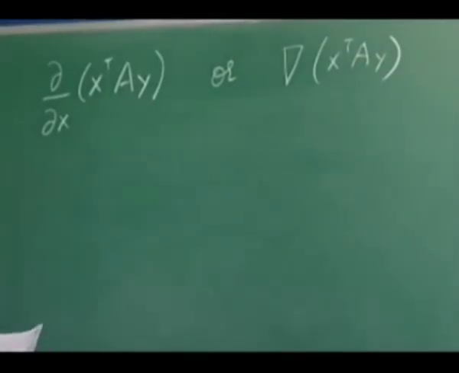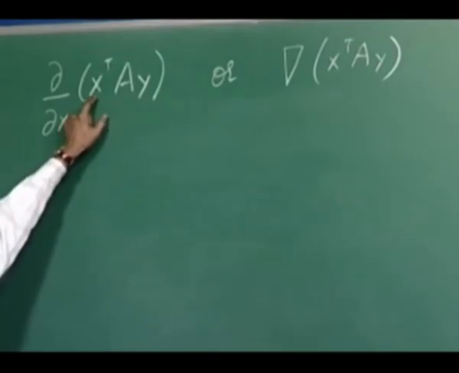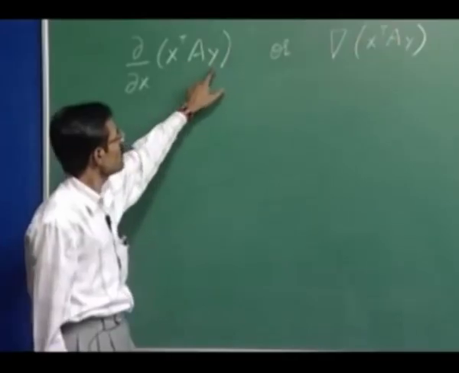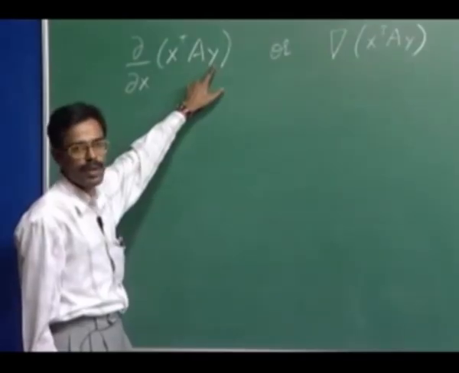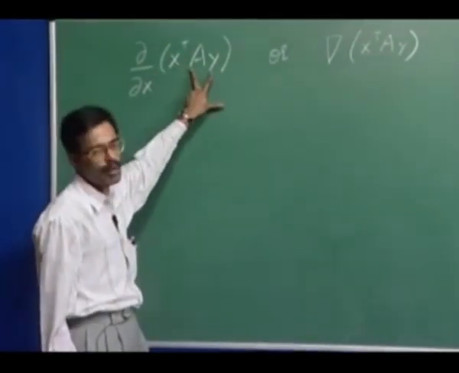We are looking for the gradient of this function. Now, consider x is an n dimensional vector, A y will also be an n dimensional vector. Otherwise, this multiplication x transpose A y will not make sense.